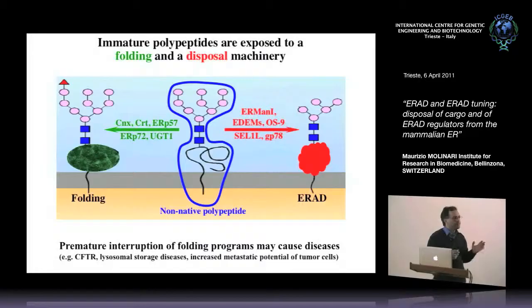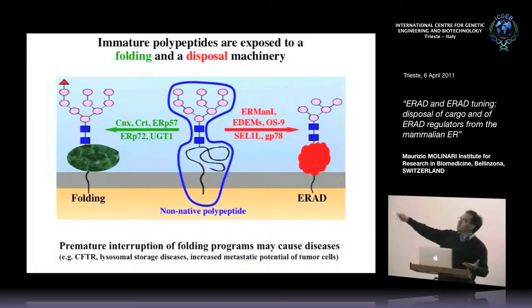There is a problem. The problem is that when a protein enters into the endoplasmic reticulum, by definition, it is not native. It has to be folded. So in the same compartment, you have a machinery that would like to take this and fold it, make it native so that you can secrete.